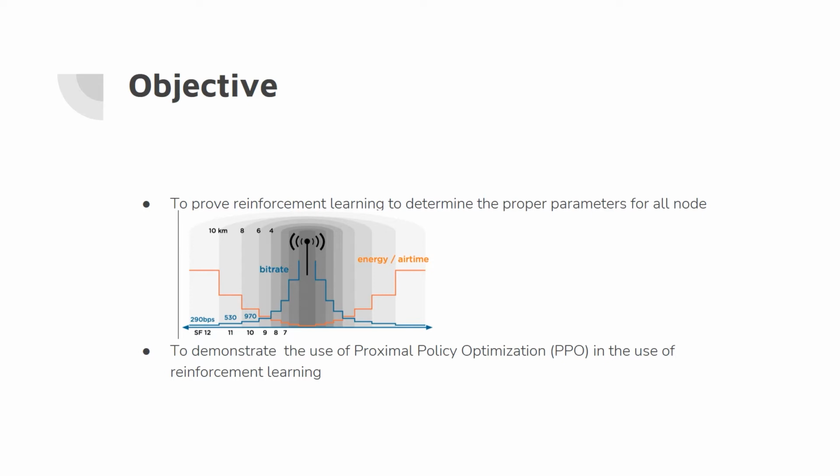Next, for my algorithm, I've decided to use proximal policy optimization, and I want to prove that this algorithm can be used in reinforcement learning, especially in this case, which is to determine the proper parameters for LoRa nodes.